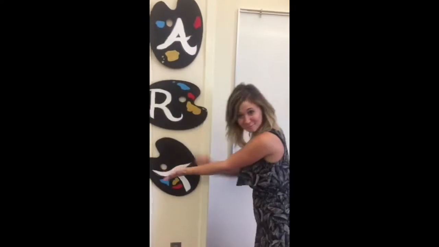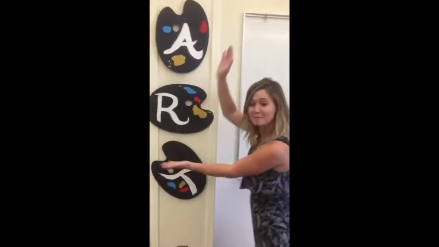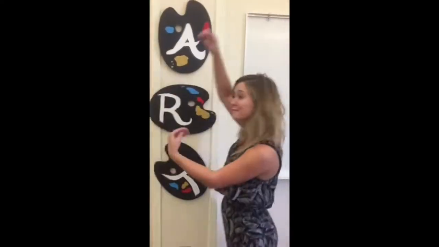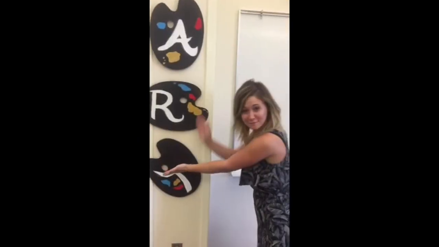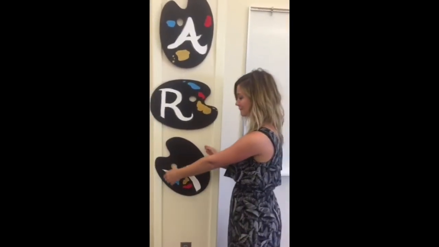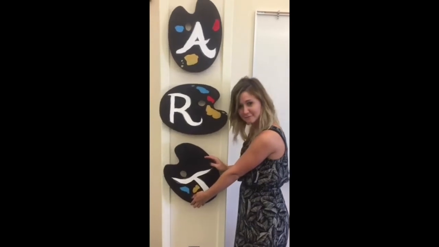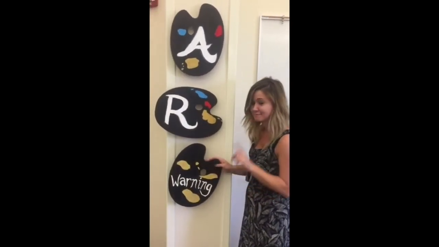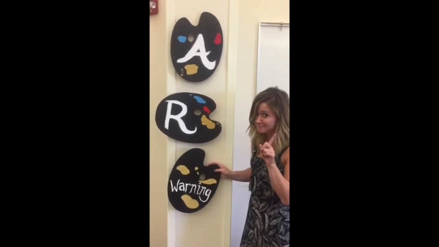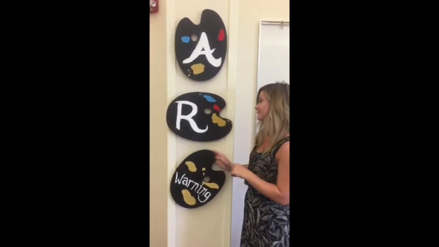In art class, we have these lovely things called our art palettes. Palettes are normally used for painting, but we actually use them to make sure that we are all following our artist rules. The first time a palette is turned, we will turn the T, and that is your class's warning. This might happen if you guys are chit-chatting too much or not following directions immediately.